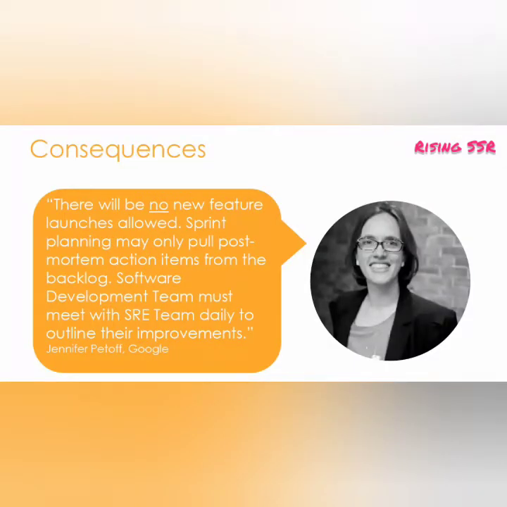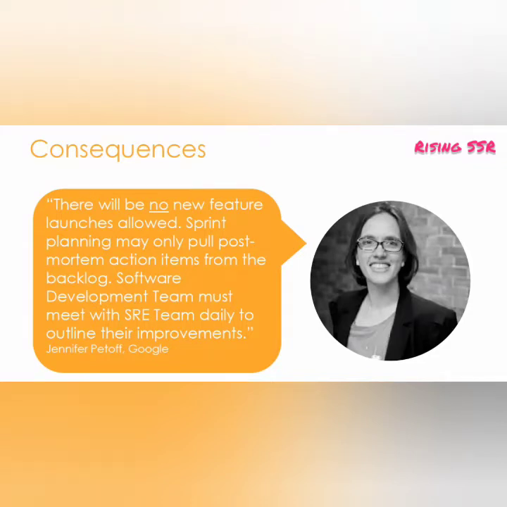Consequences: there will be no new feature launches allowed. This is the simple example that I told you, that in case an error budget is violated, then as per the policy, this is what Google generally does. Google generally implements this error policy.